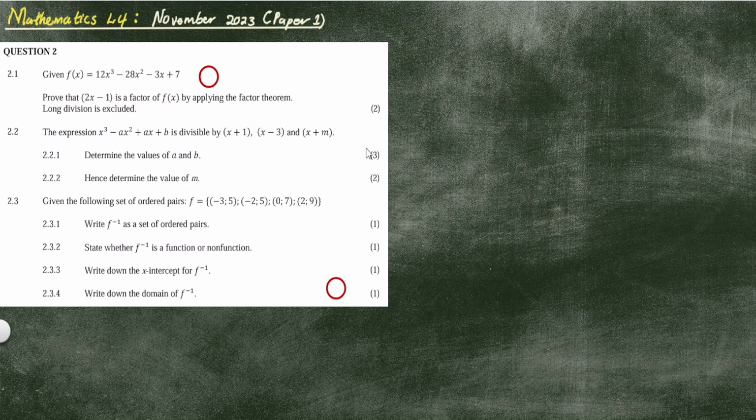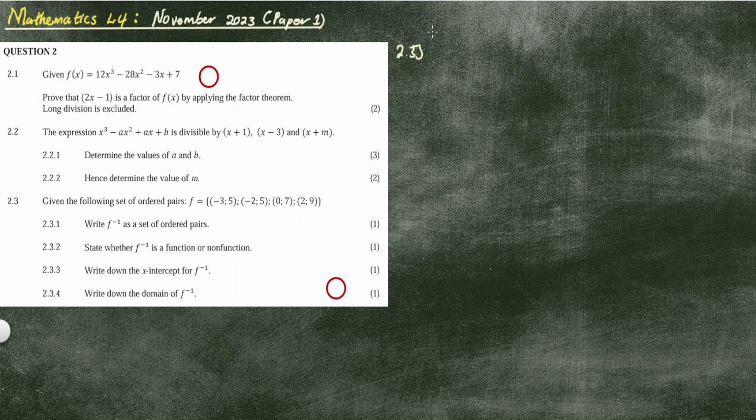Let's take this down. Now our 2.3 is a section on inverse functions. So from 2.3, 2.4, 2.5, it's all about our inverse functions. Now given the set of ordered pairs, right?